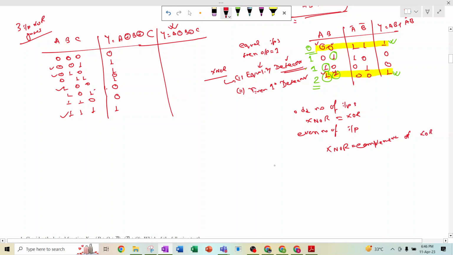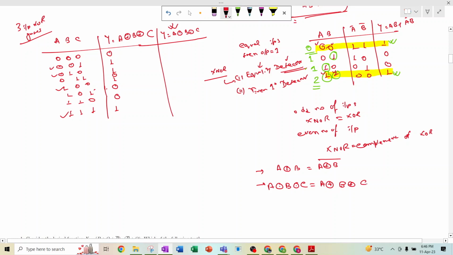So you can write that A XNOR B is the complement of A XOR B. But in the case of 3 inputs, if there is an odd number of inputs, then the XNOR is basically the same as XOR.